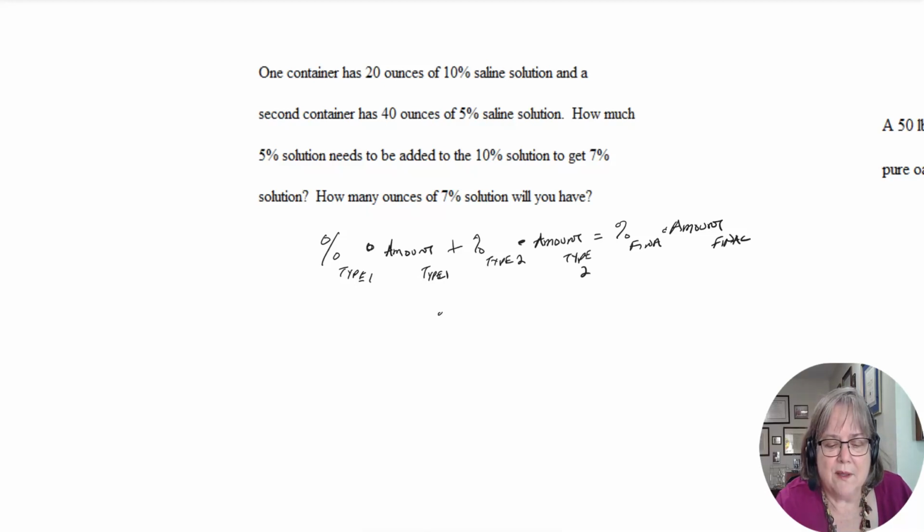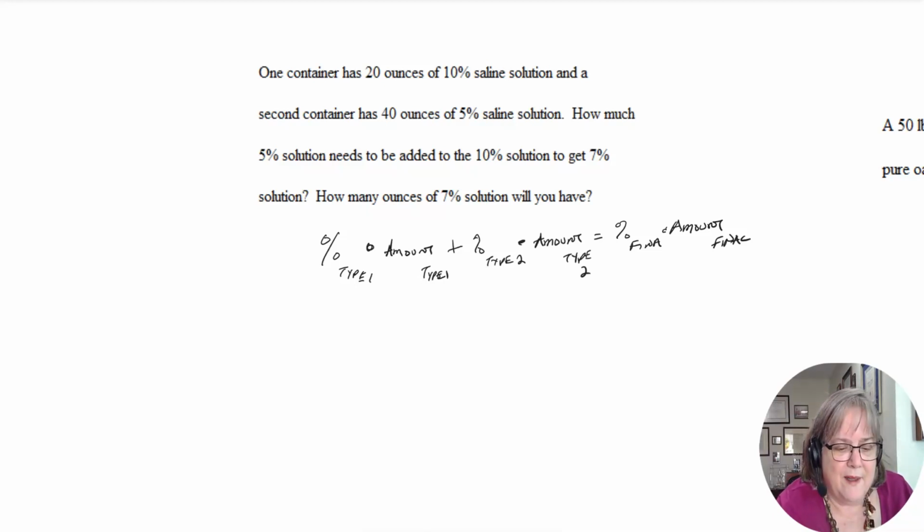So it's kind of like percent times amount plus percent times amount equals the final percent times amount. I'm taking out the subscripts so that you can see that it's a percent times an amount. All right, now here we go.